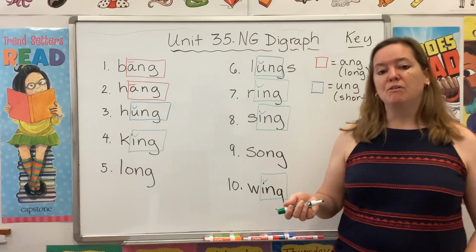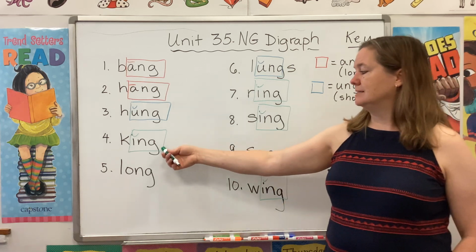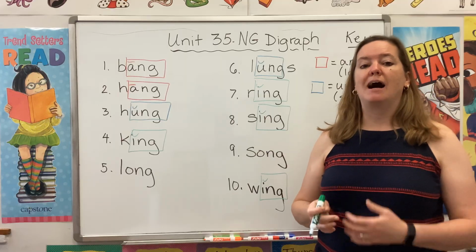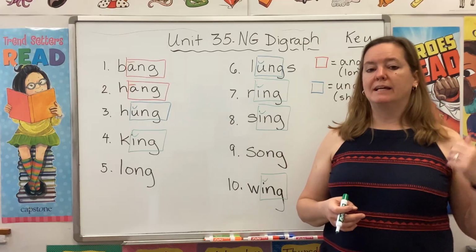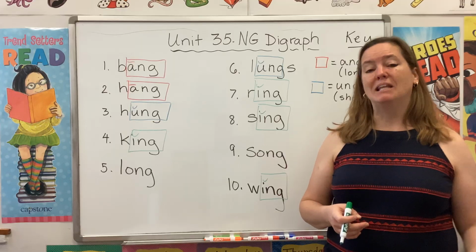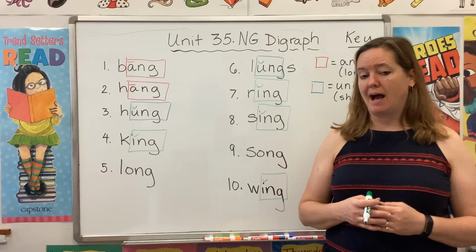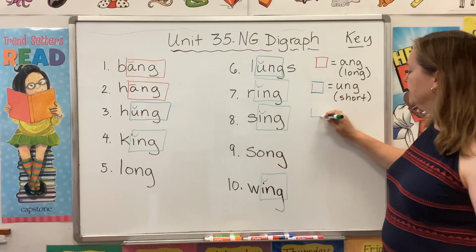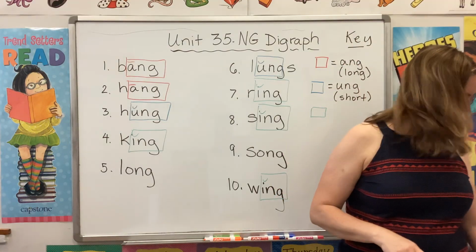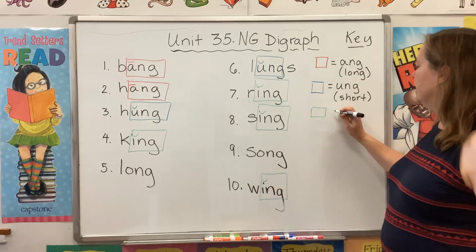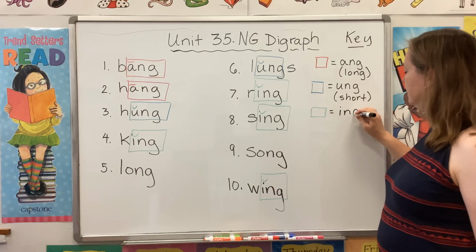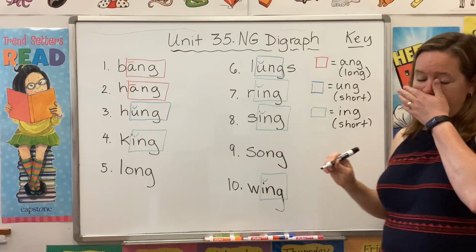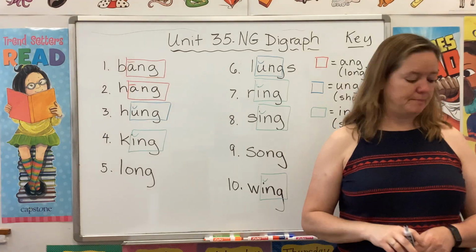This is a really helpful pattern to know because, as you can see, it shows up in a lot of words, but it's also a very common verb ending. Walking, jumping, singing, playing. They all end with that ing pattern. Over here, green box equals ING, and that is also going to make a short vowel sound.